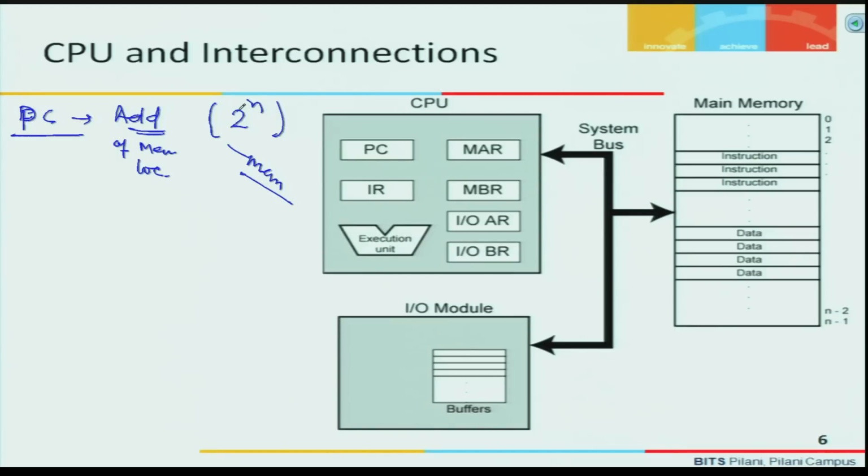That is why I need at least n bits in the PC, so I can identify the memory location. So the size of the PC is equal to the number of address bits in the memory. In this case, if 2 power n is there, then the PC size is n bits.